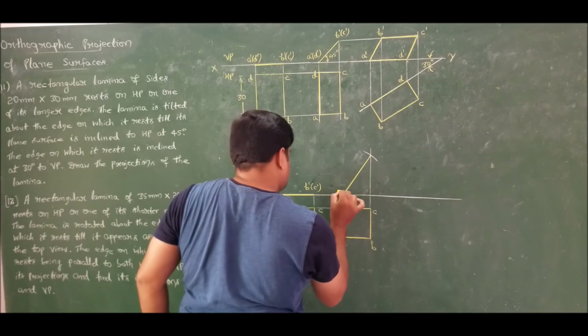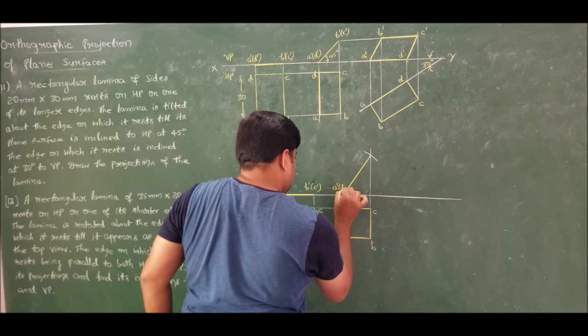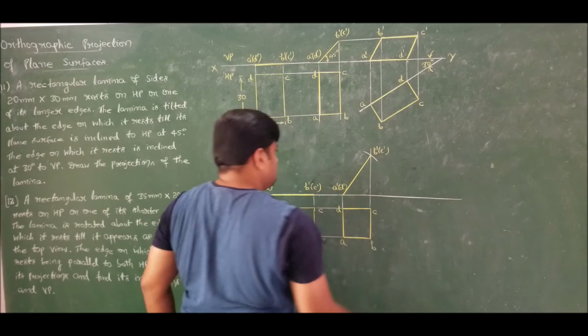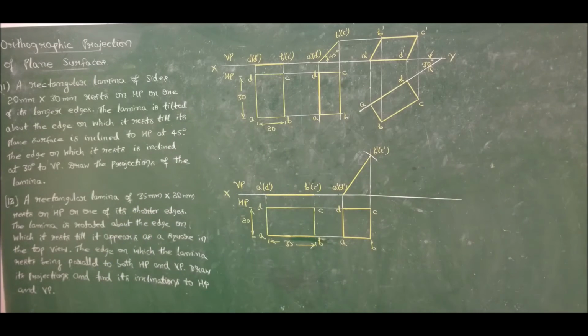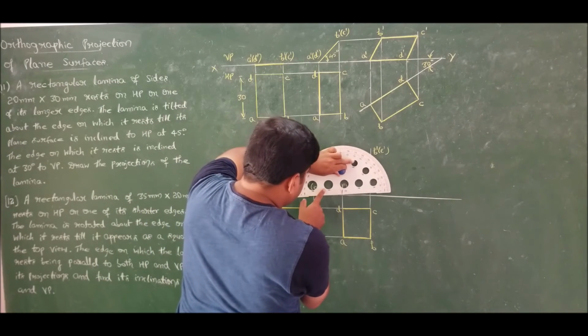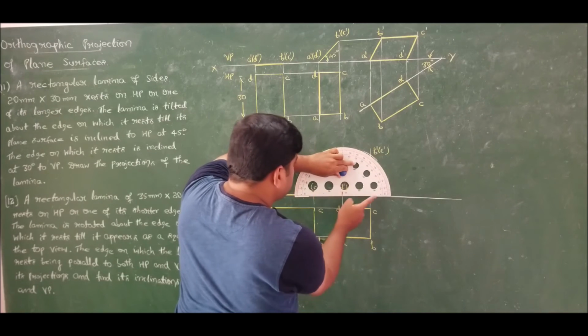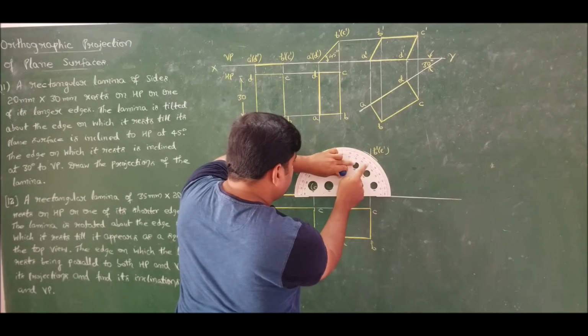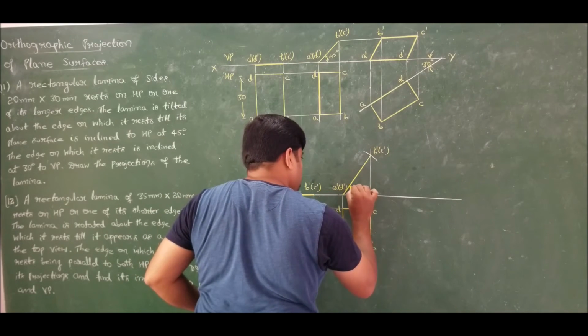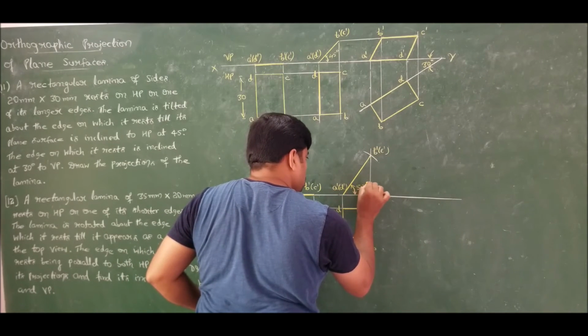So this is A dash, T dash, this is B dash, C dash. Now measure the inclination. If I measure the inclination, it coincides with 55 degrees. The inclination is found to be 55 degrees.